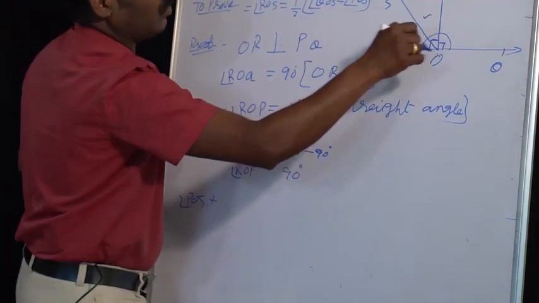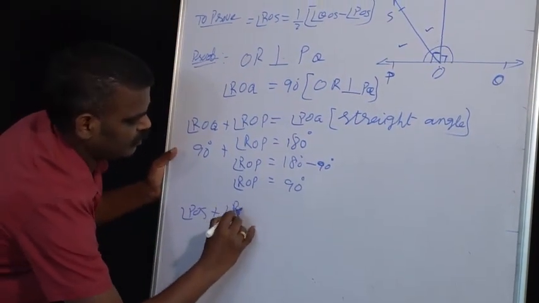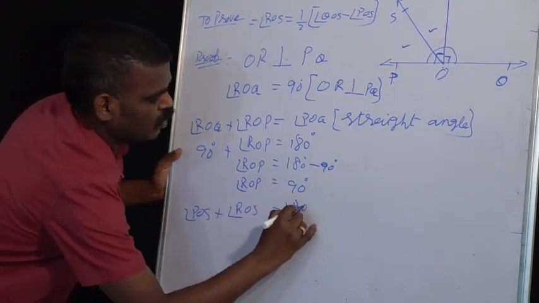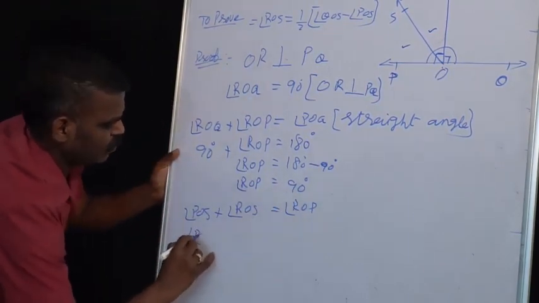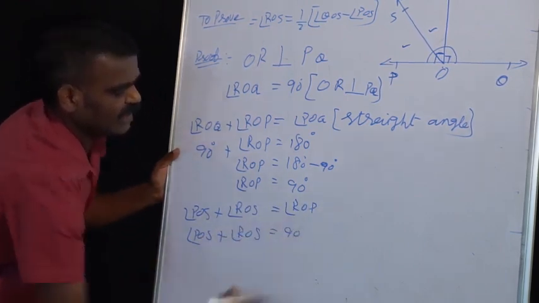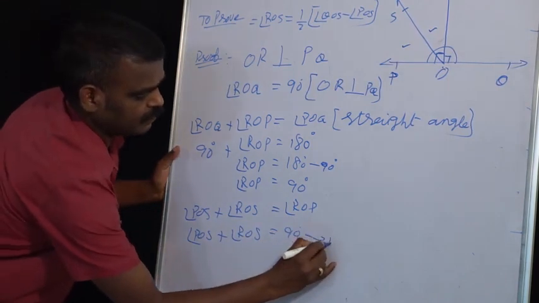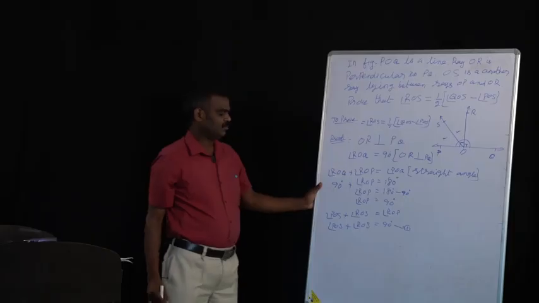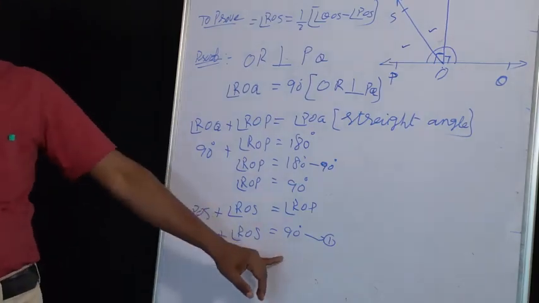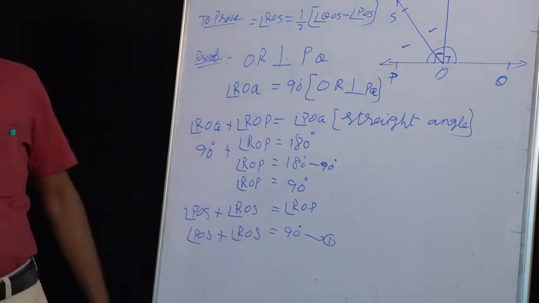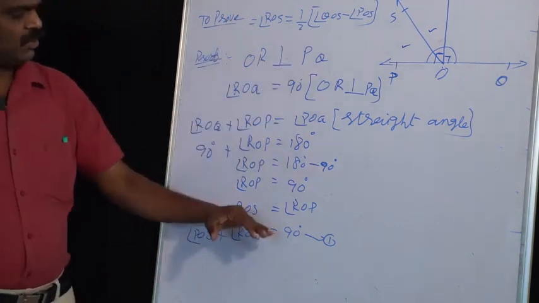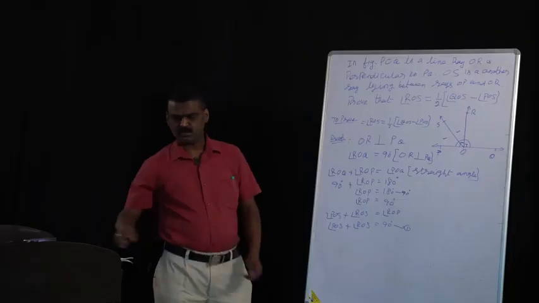That is angle POS plus angle ROS, which equals angle ROP. So how many degrees? 90 degrees. So you can say POS plus ROS equals 90 degrees. Call this equation 1. First you write this one, because space is not enough, then we will go to the next. Quick, quick, quick.